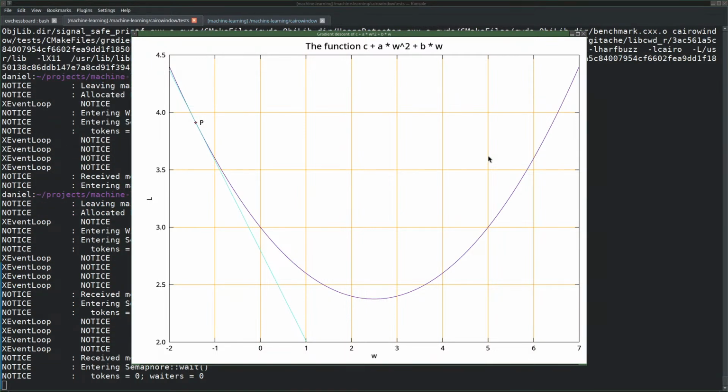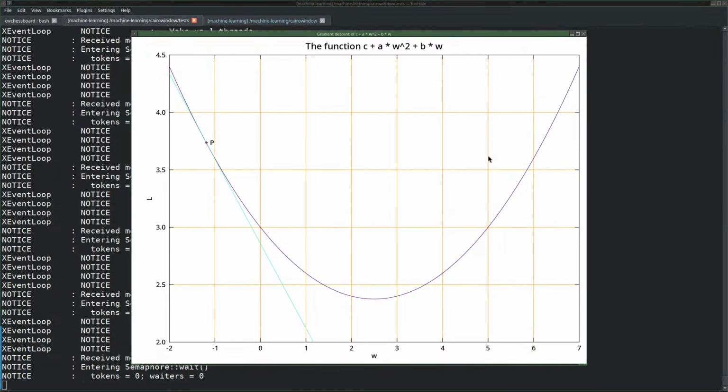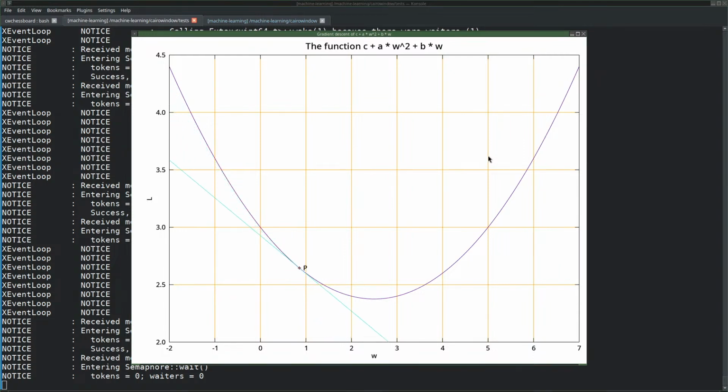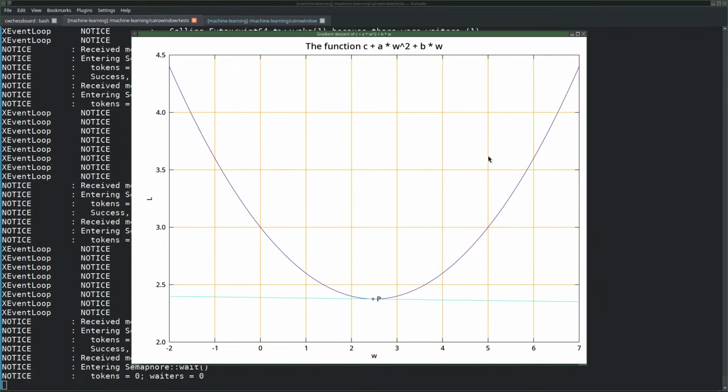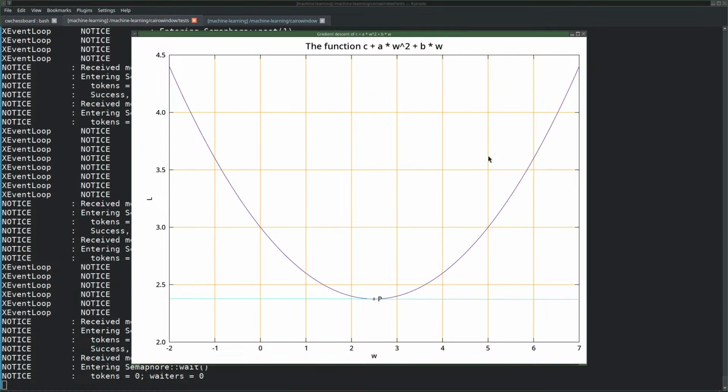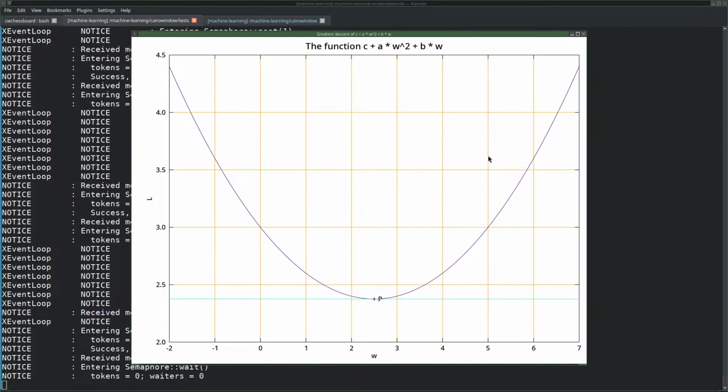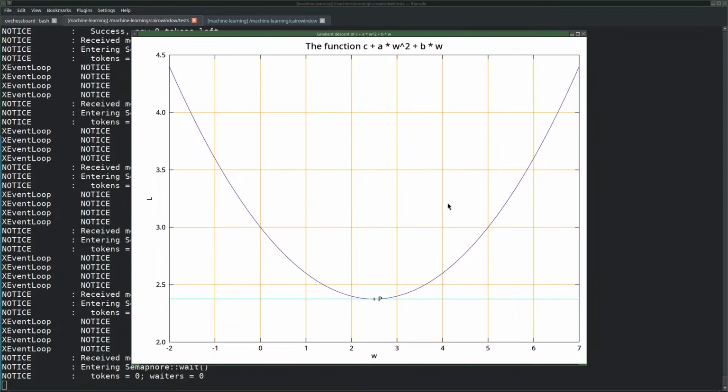Well, 10 times as big as the last time. So now it kind of looks like it reached it. Not too bad. So that seems to work, as it were.